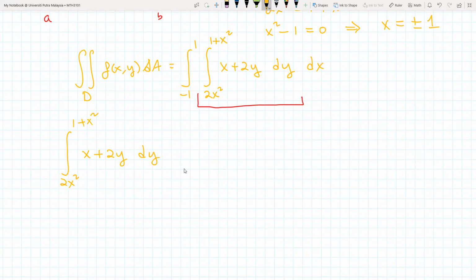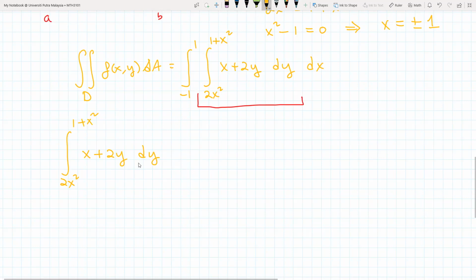Okay, saya buat satu-satu, jangan buat sekaligus. Saya nasihatkan, kalau awak tengok dekat buku nota ni, dia buat sekaligus kan. Sebab apa? Sebab saya takut nanti akan ada calculation error. Lebih baik kita keluarkan dia punya inner integration dulu.